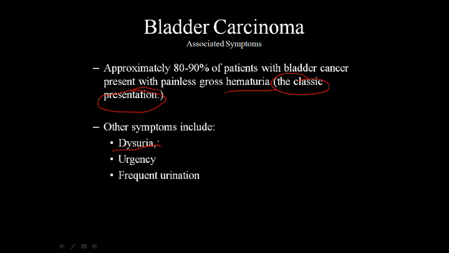Other symptoms include difficulty urinating or dysuria, and urgency, meaning that you can barely hold your bladder, but a lot of times this gets swept under the rug in men as an enlarged prostate. Typically, that's what it sometimes gets lumped into.